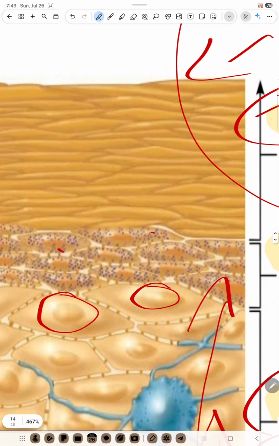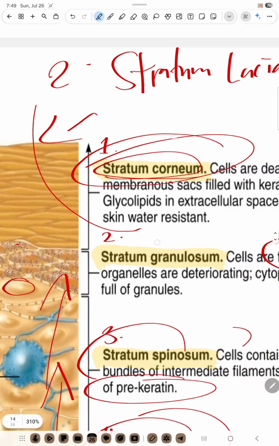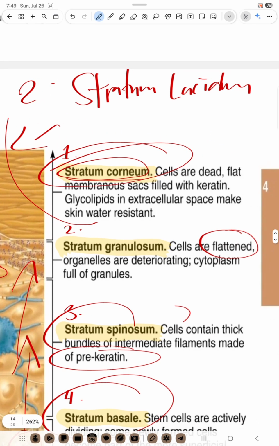And then in the stratum corneum, the cells are completely dead and flat, flat membranous sacs filled with keratin and glycolipids, which are sugar plus fats, so our skin is water resistant. What I mean is that water does not get into our skin, like a bag that is water resistant because it does not get wet in the rain.